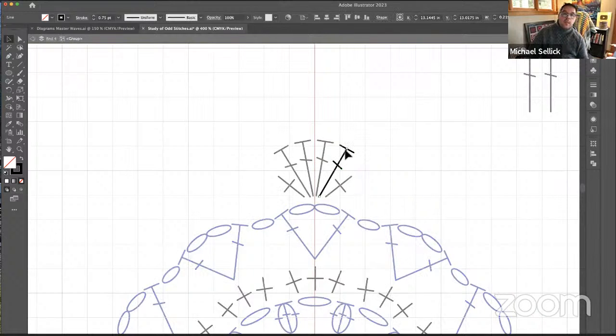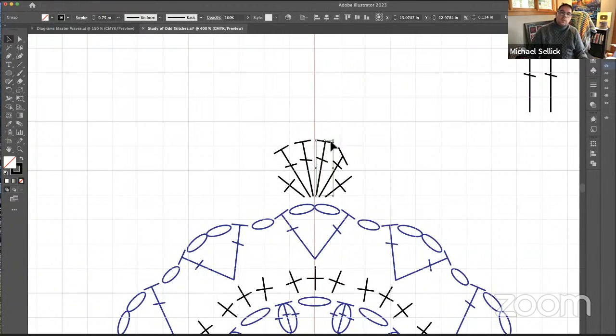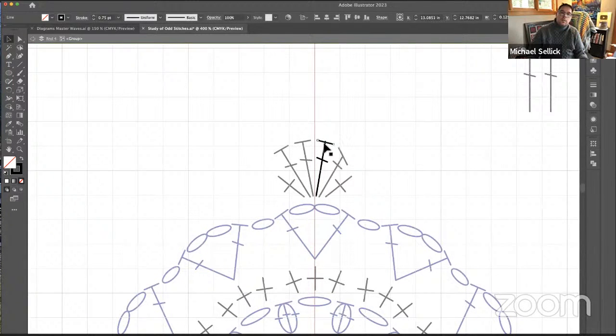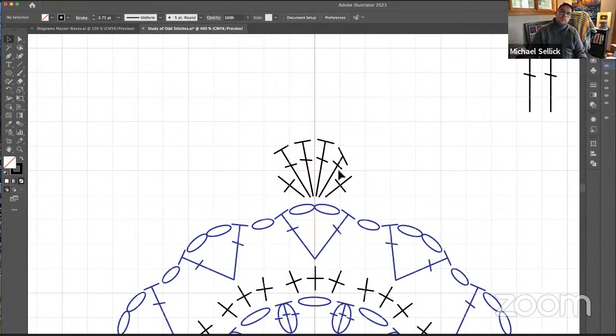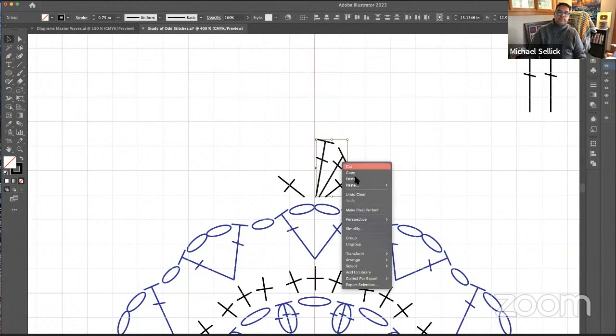I'm going to just kind of make him a little bit lower. And put them together like that. And I kind of want the tops to kind of lean into each other so it looks like it belongs. And I'm going to get rid of these guys and I'll reflect these guys over.